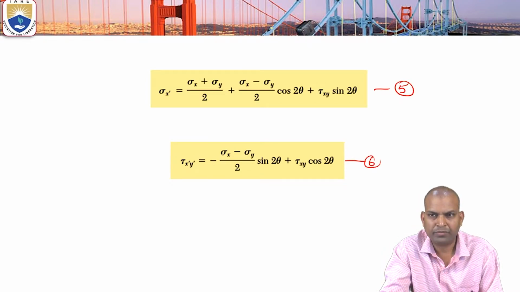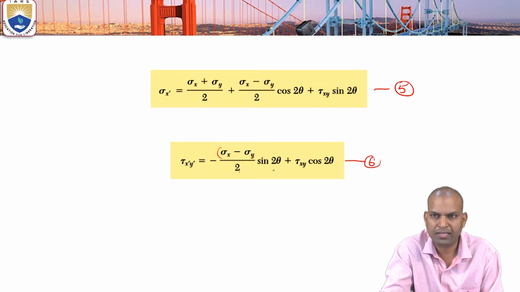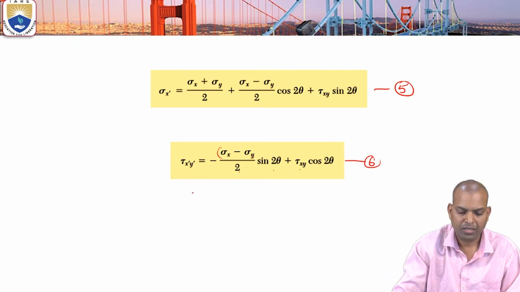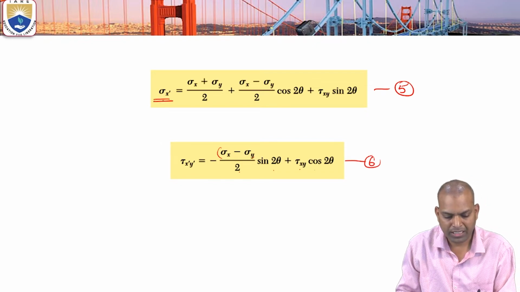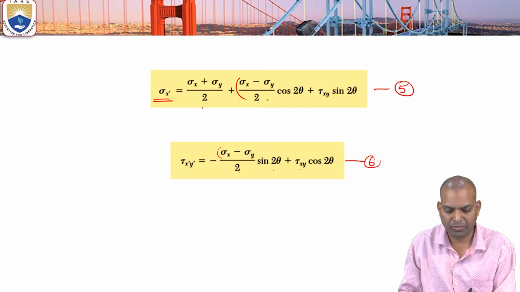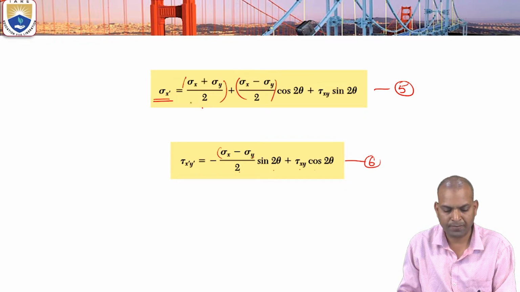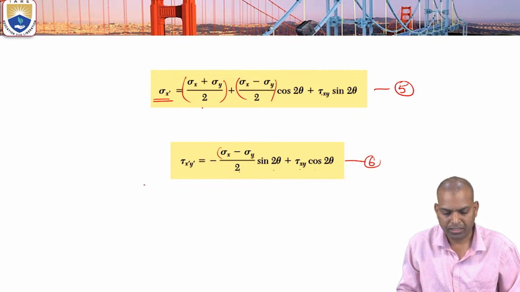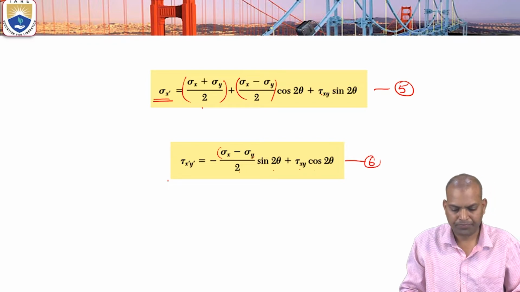This is minus of (sigma x minus sigma y) by 2 sin 2 theta plus tau xy cos 2 theta. And this is equation sigma x dash equal to (sigma x plus sigma y) by 2 plus (sigma x minus sigma y) by 2 cos 2 theta plus tau xy sin 2 theta.